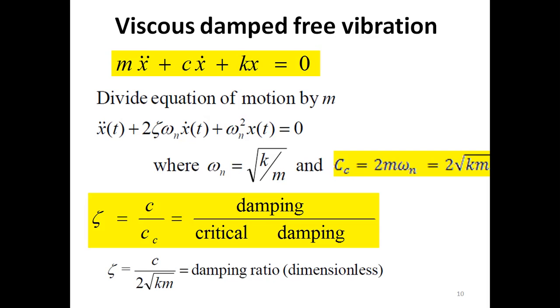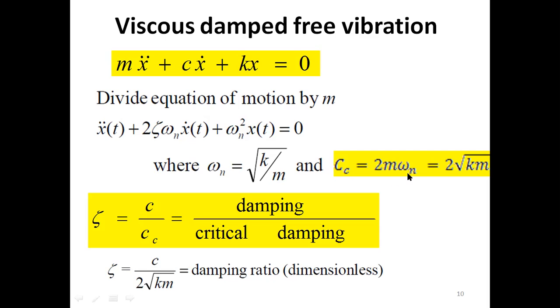That critical damping is denoted by Cc, and it is modeled as 2 m omega n. So it is the property of the system, because you could see that it has mass and omega n, which is the natural frequency.